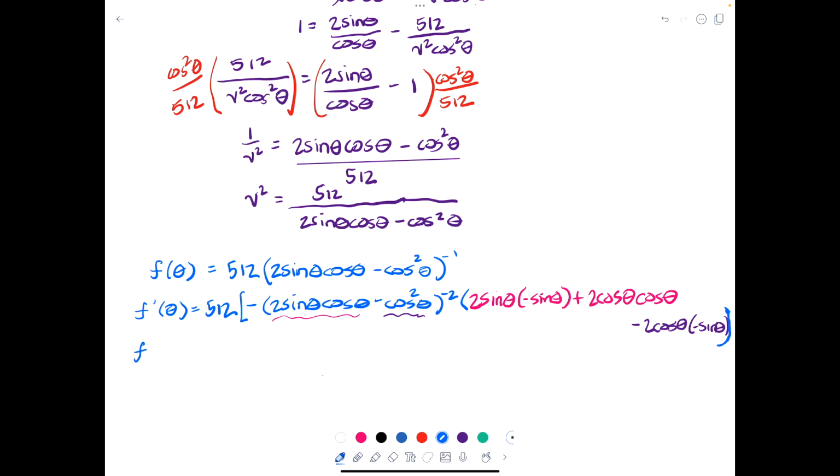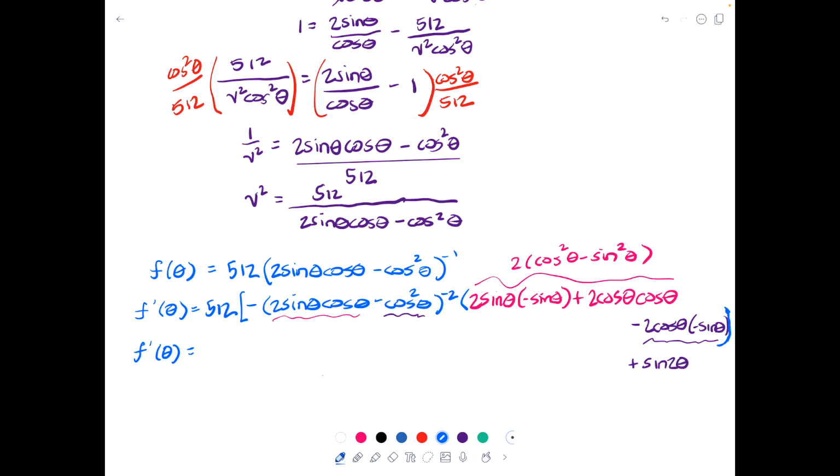So f prime of theta will be, if you notice, this portion here, if you factor out the 2 and write it as cosine squared theta minus sine squared theta, that's a double angle identity, cosine 2 theta. And then this guy over here, including that 2 in there, and that negative will be out front, we're going to end up with a plus sine 2 theta.